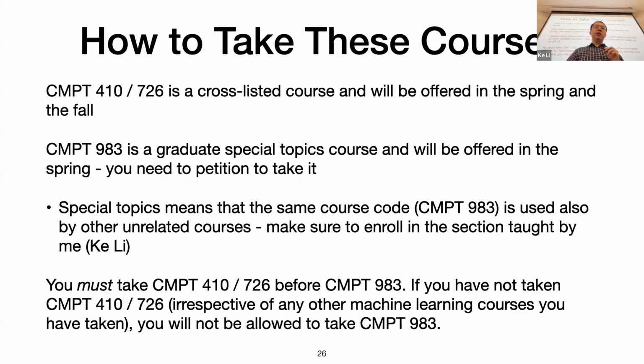You need to petition to take that: fill out the form to add the course, and then get my permission. You must take the machine learning course before the graduate level generative models course.